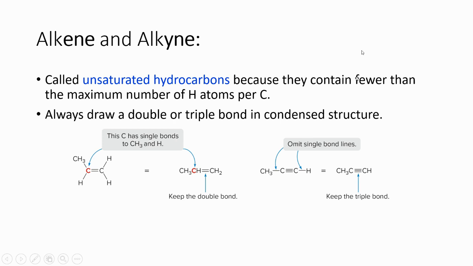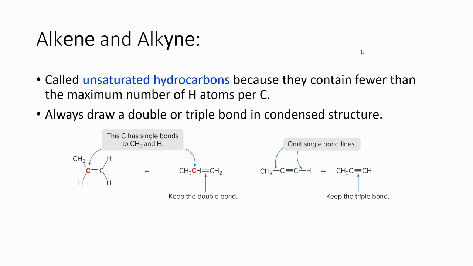Okay. These are called unsaturated hydrocarbons because they contain fewer than the maximum number of hydrogen atoms. If you're drawing a condensed structure, you always need to show the double or the triple bond. Have you heard of unsaturated before? Unsaturated, yeah, we'll talk about that on the next slide. This is the same thing.